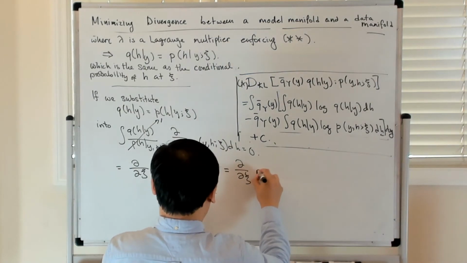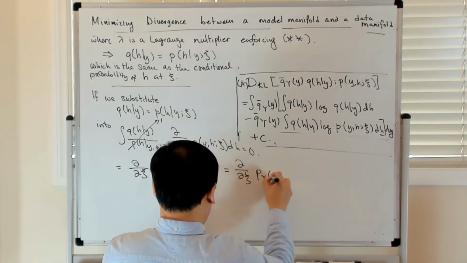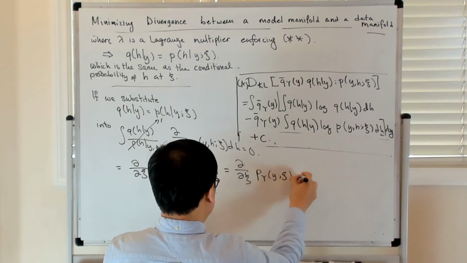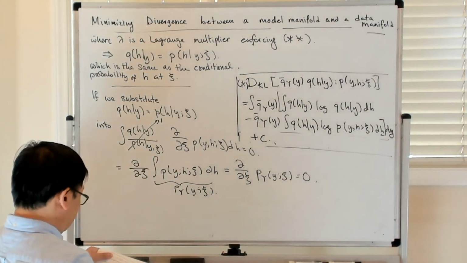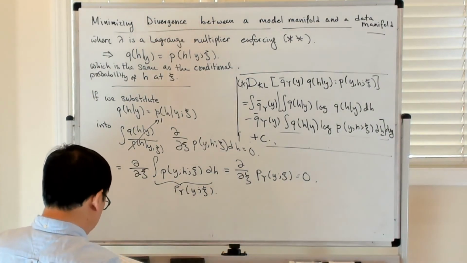So d/dC of P_Y(Y; C) is equal to 0, and this is obviously the condition for the maximum likelihood estimator.